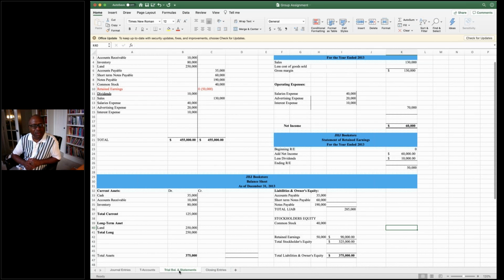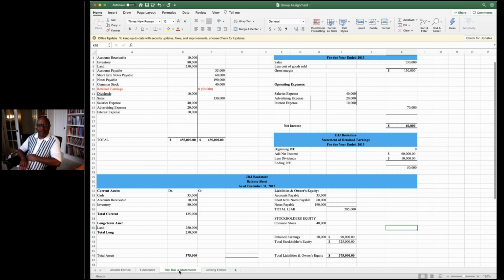Then the next one is the expenses, and it's going to be income summary debited 70,000, and then the expense is credited 70,000. No. Why not? You've got to credit each expense separately, on separate lines.